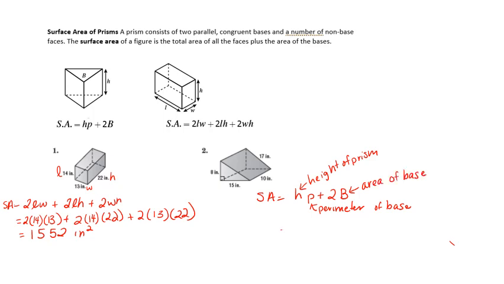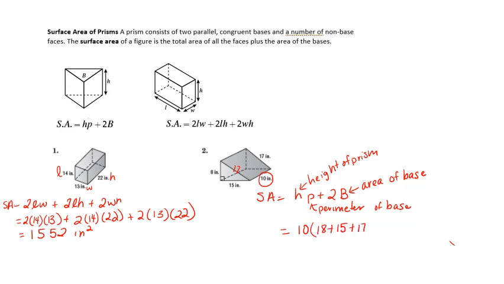All right, so the height of our prism is 10. Remember, your height is the distance between the two bases. The perimeter of the base, in our case, is 8, 15, and then this is 17 because it's the same here. Remember, perimeter, you add up the sides.